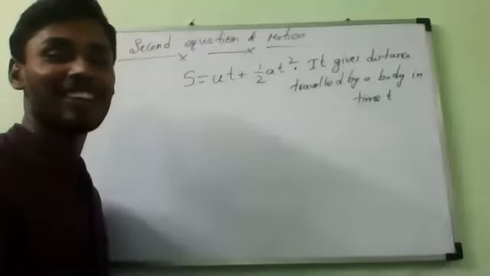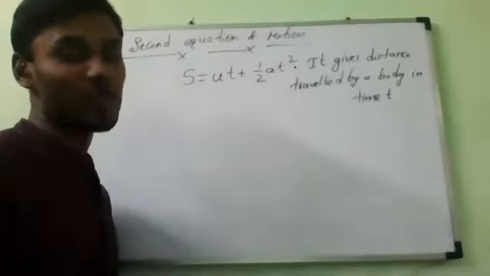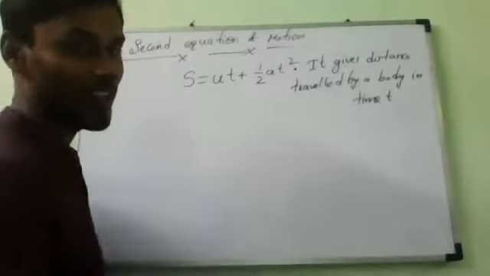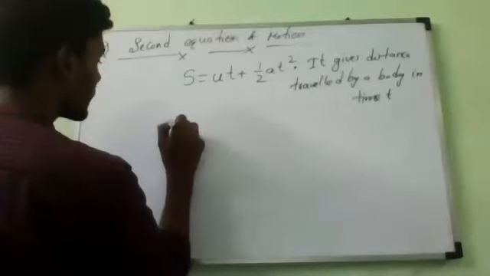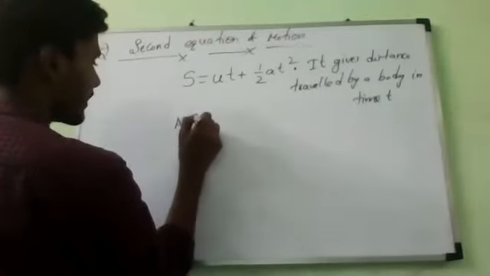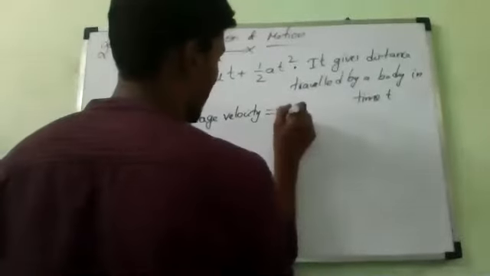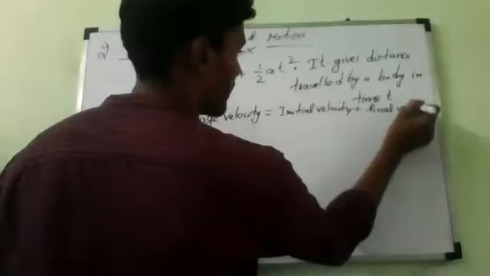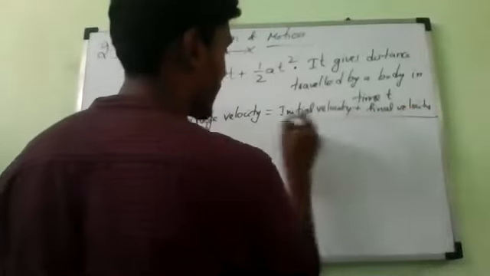Now, to derive this equation, we should know average velocity. Yesterday only we have studied. Can you say what is the average velocity formula, please, kindly? Average velocity is equal to initial velocity plus final velocity divided by 2.